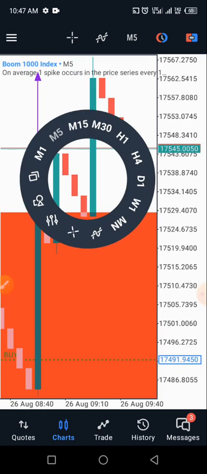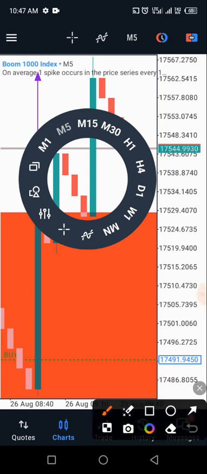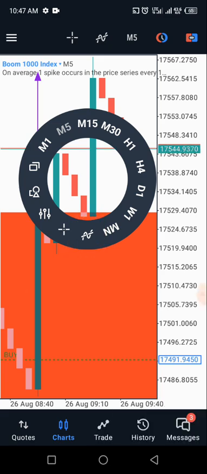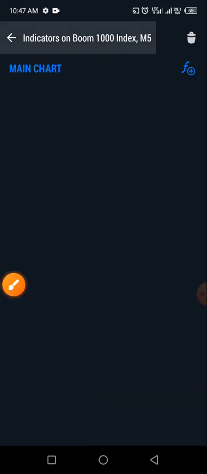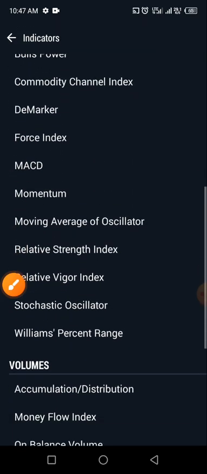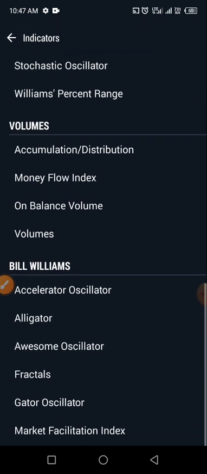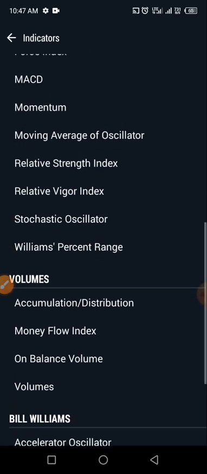To add it up, we are going to add the indicator to our chart, and then we can click on this particular F plus symbol here, and then we can look for the stochastic indicator here.